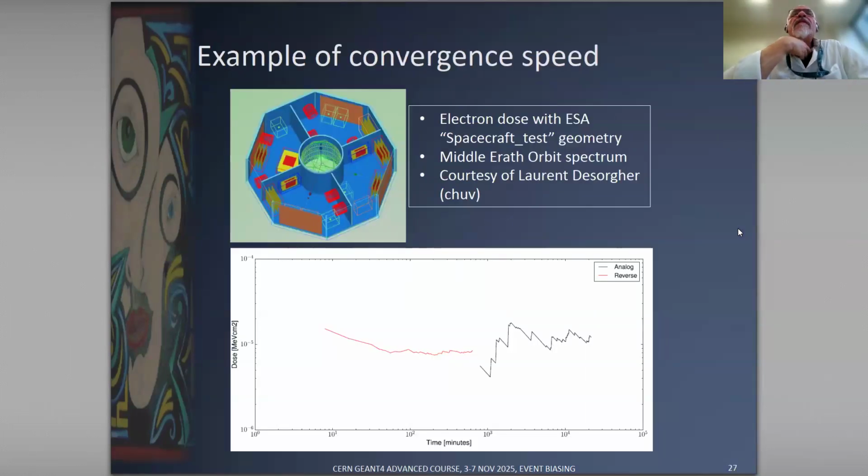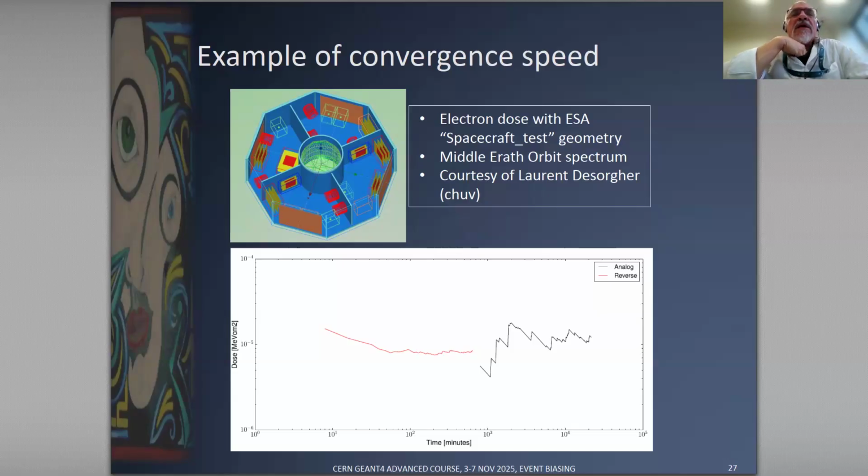This is an example of a convergence speed using the reverse Monte Carlo. On top, you have a model of a satellite. In red are the parts that are critical in this simulation. On the graph below, you see the convergence speed. We are calculating the dose in some volume.